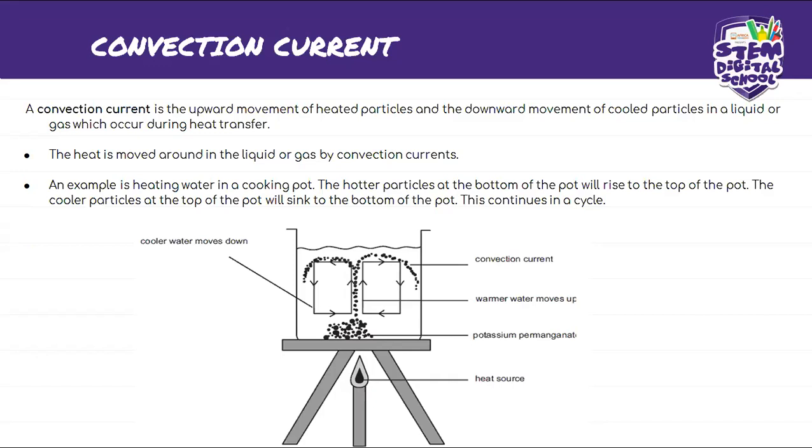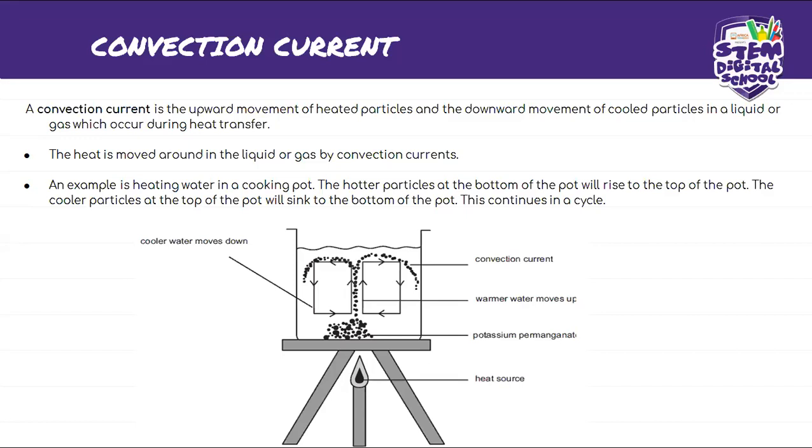An example is heating water in a cooking pot. The water particles at the bottom of the pot will rise to the top of the pot. The cooler particles at the top of the pot will sink to the bottom of the pot. This continues in a cycle.